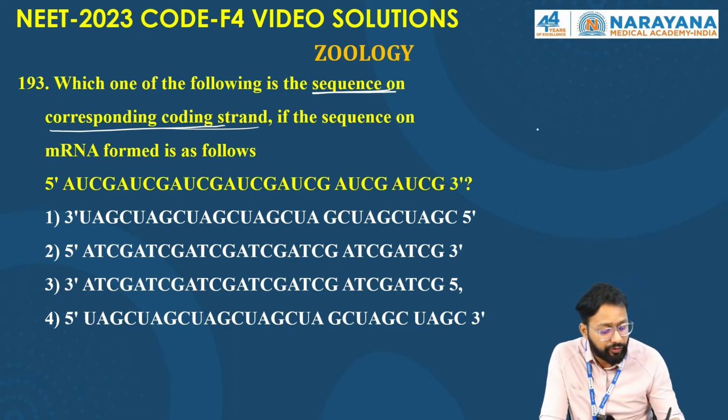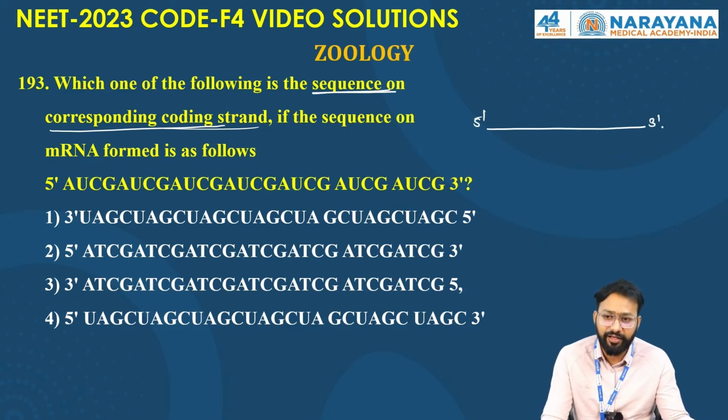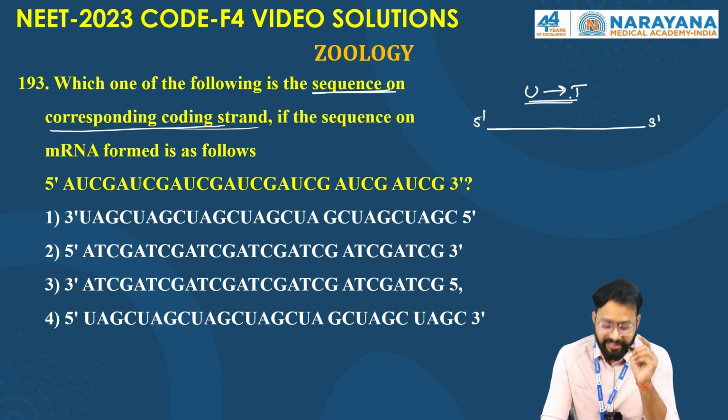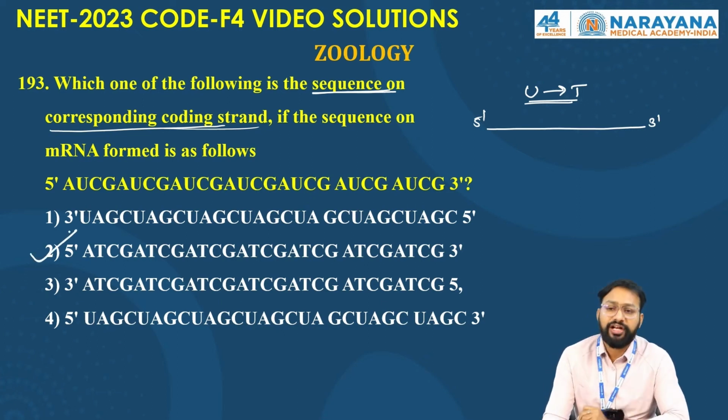Here you have to maintain the same orientation, and U should be replaced by T. Of the options, option 2 and 3 have U replaced by T, but the orientation remains the same in option 2, which would be the correct answer.